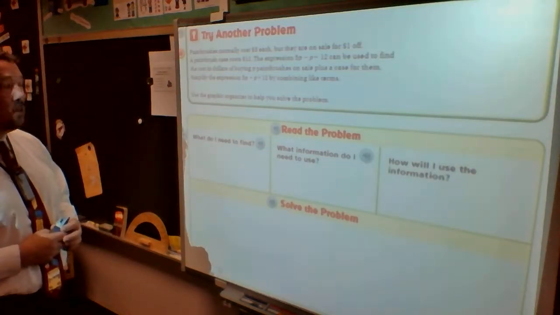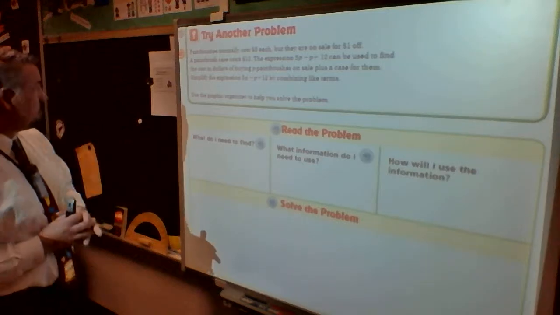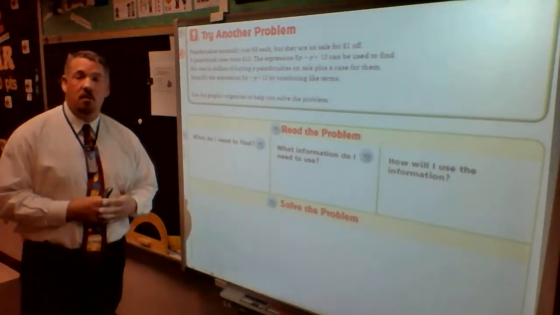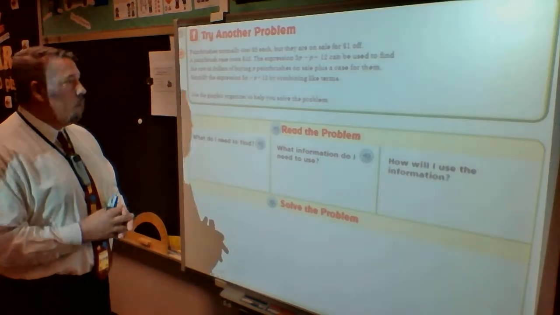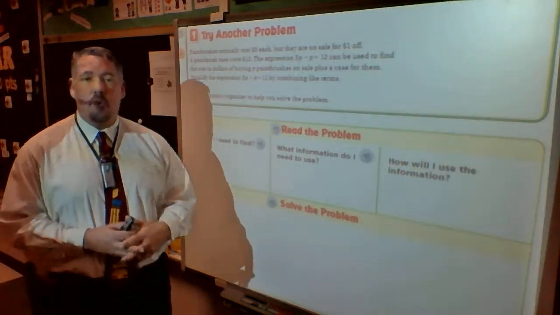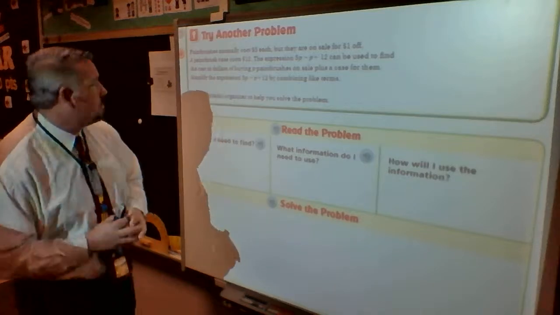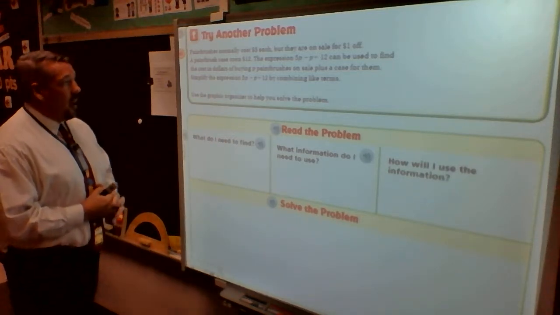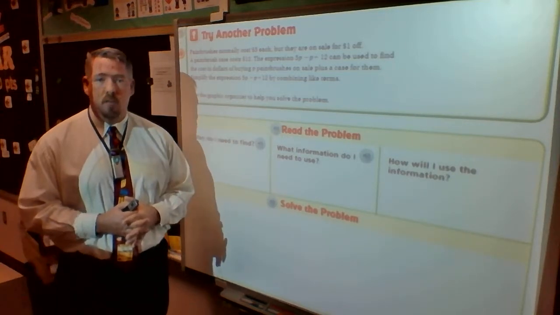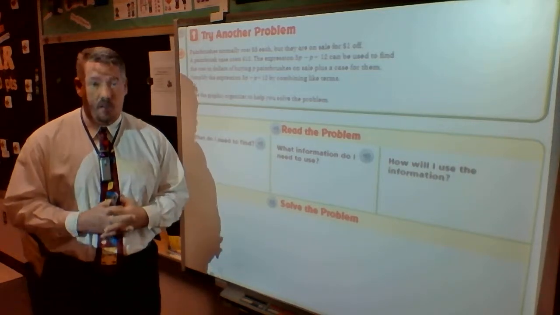Next one. Paintbrushes. Paintbrushes normally cost $5 each, but they are on sale for $1 off. And that is, by the way, $1 per paintbrush. A paintbrush case costs $12. So that's the thing that you carry your paintbrushes in, right?